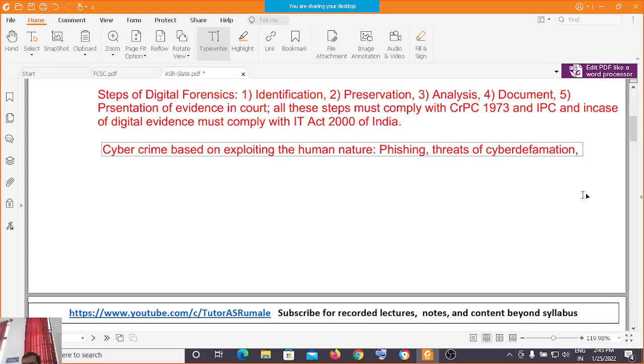You first become a friend with someone on social media, win that person's trust, then go on chatting, live video chat, and when the trust becomes a little thicker, the person may do some things which he or she thinks are good for progress in the relationship, but the other person catches that video and then uses it against the person to blackmail them. So these are the crimes based on human nature.